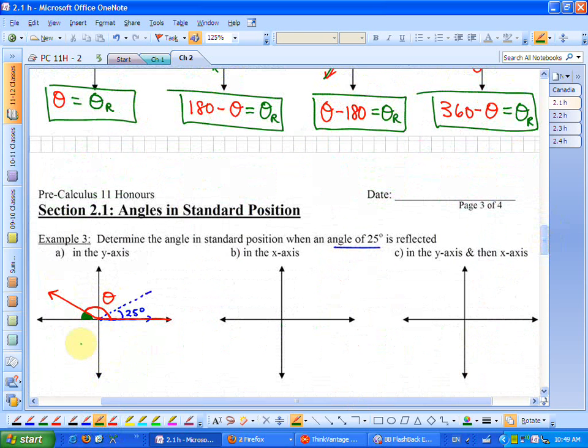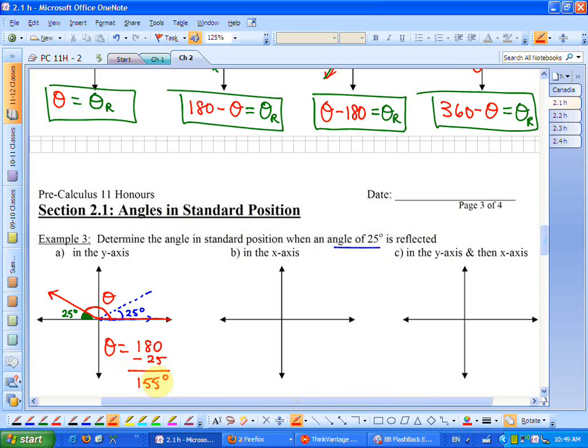After the reflection, you know this is 25. Good. So what is theta equal to then? In standard position, just take 180, subtract 25, which is 155. All right, you try the next one.